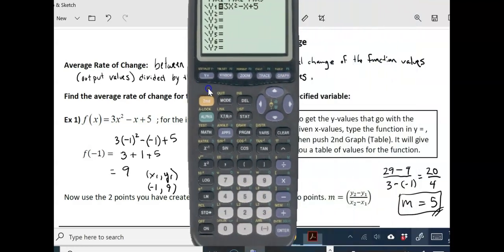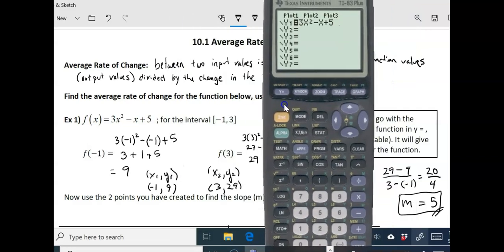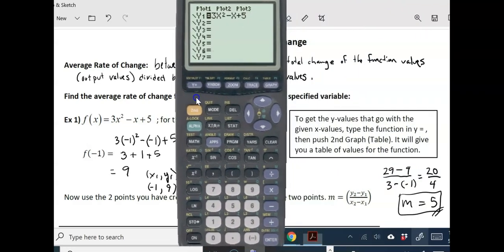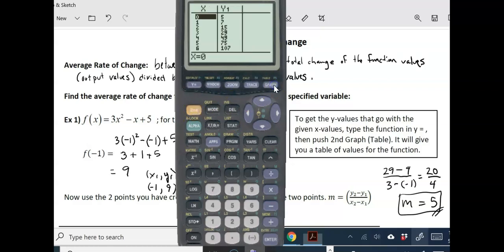And we're looking for the interval from -1 to 3. So hit second function graph for the tables. And at 3, we get 29.